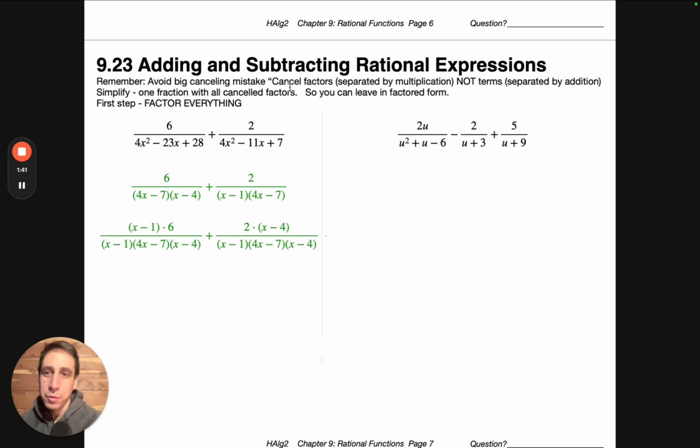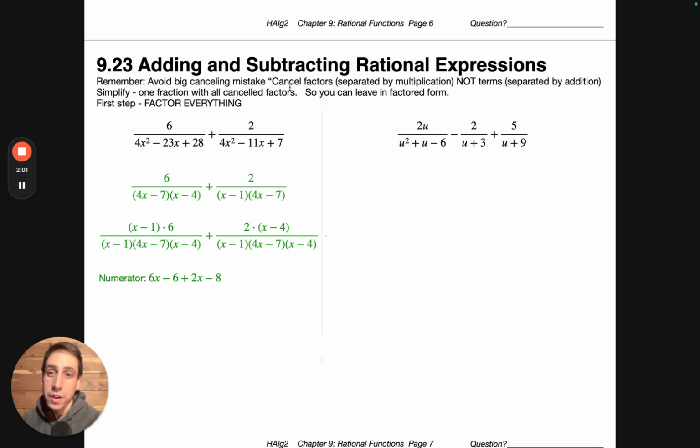So after multiplying the left by x minus 1 and the right by x minus 4, this is what we have. And now we have common denominators. So that means you can add the numerators. I'm just going to write the numerator for the next couple of steps because the denominator is so huge and doesn't change at all.